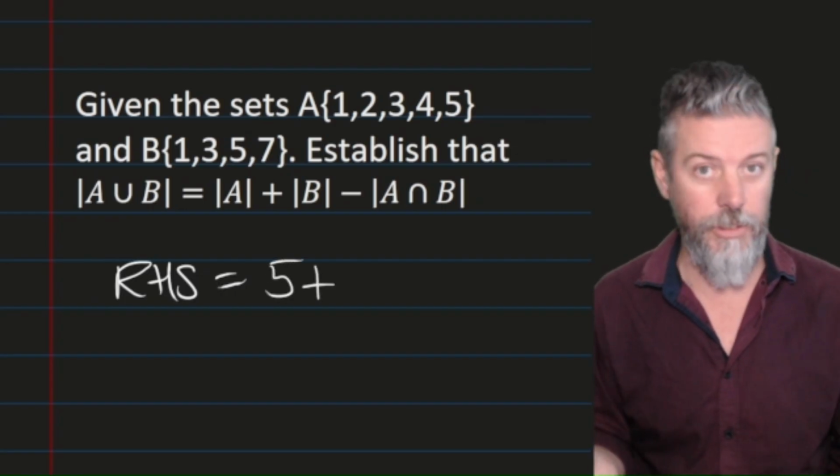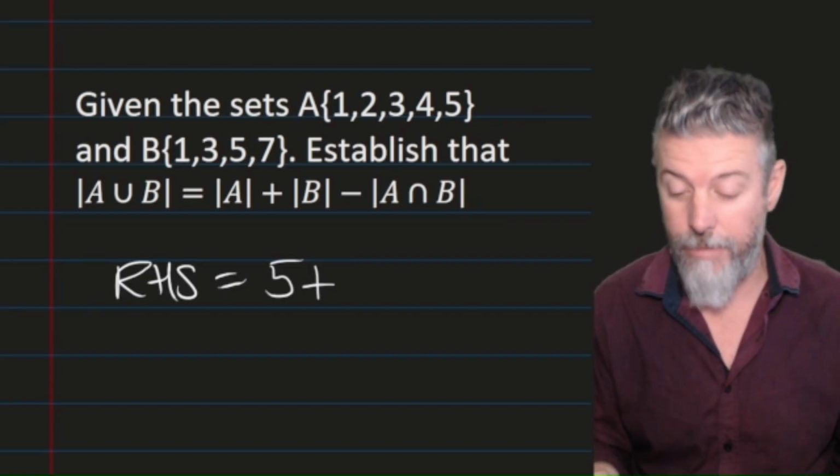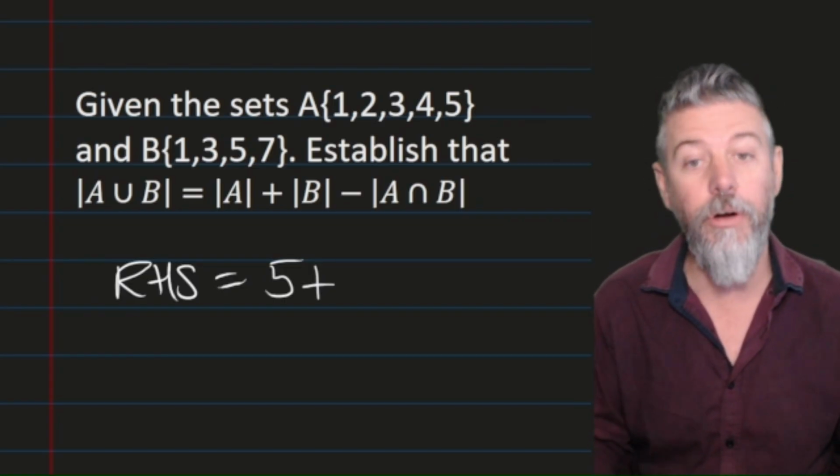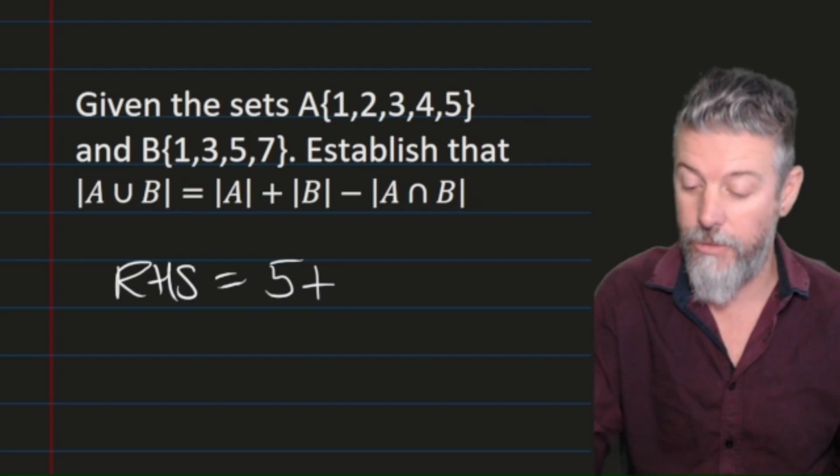Then it's asking us what's the size of set B. In set B, there is 1, 2, 3, 4. There are 4 elements in set B, so that is 4.